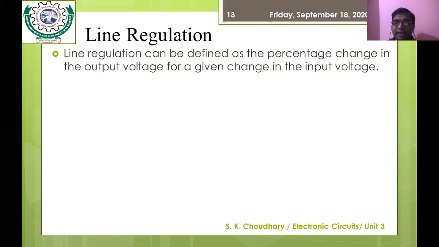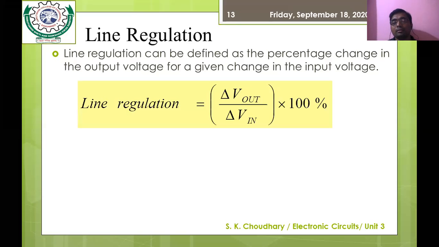So as per the change in input voltage, how much percentage change occurs at the output end, that is defined as line regulation. The formula of line regulation, please note down all formulas: line regulation is the percentage change of output voltage, delta V naught upon delta V in, into 100%.